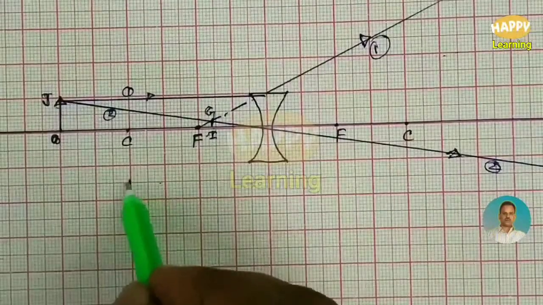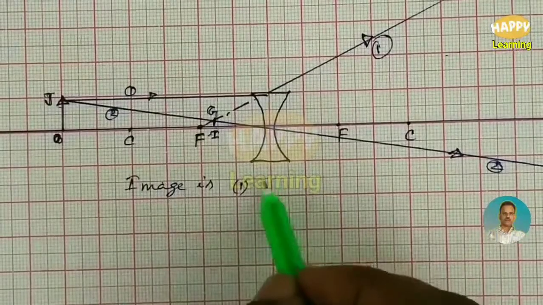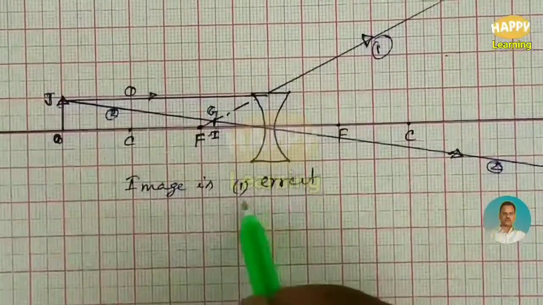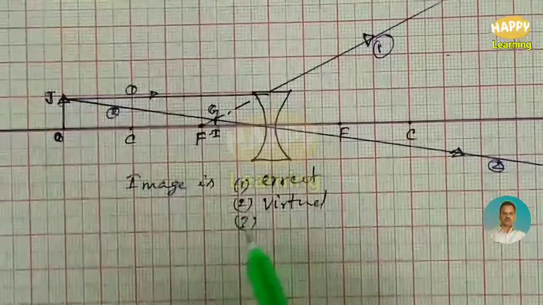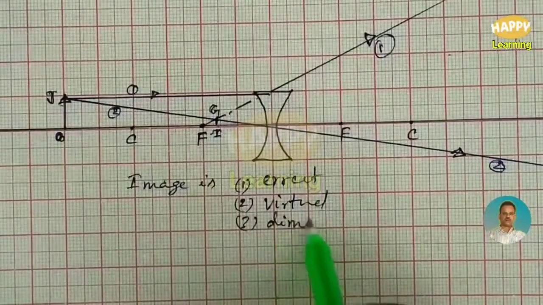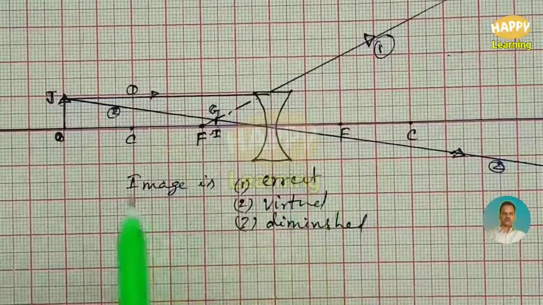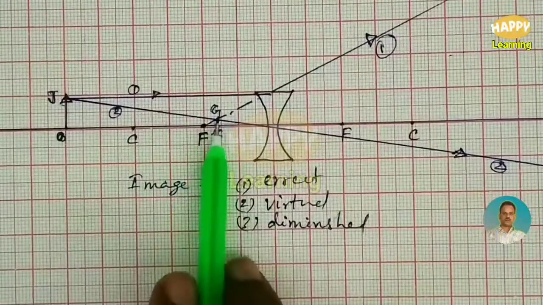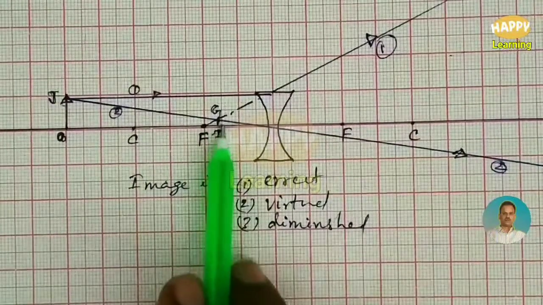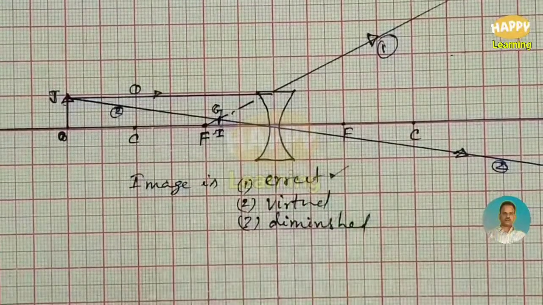So here image is number 1 erect, number 2 virtual, number 3 diminished. It is erect. This object arrow is headed up, so this image also has its head in the upward direction. So upside up, that is called as erect.